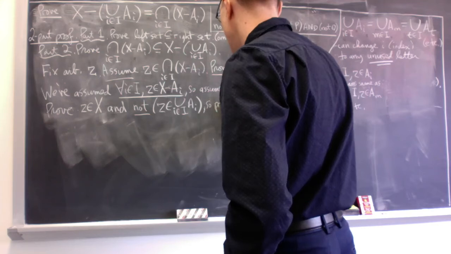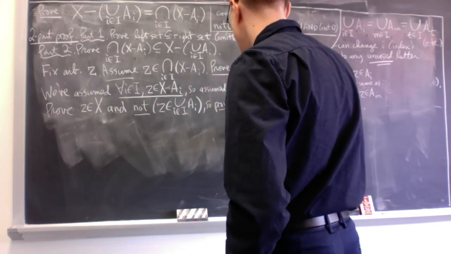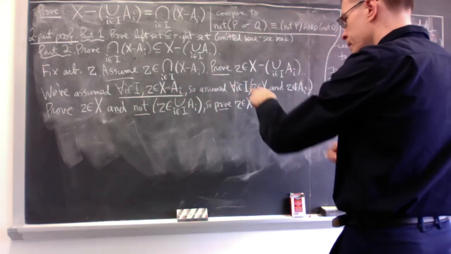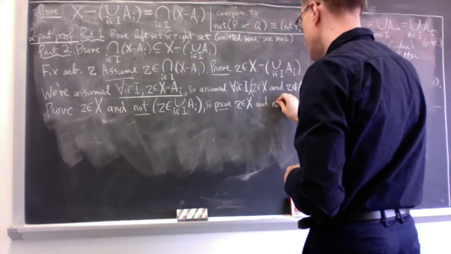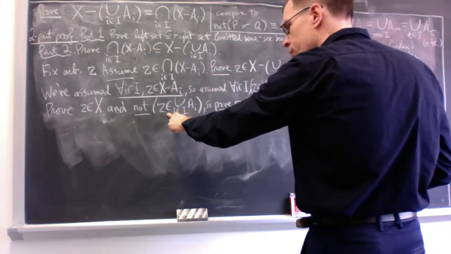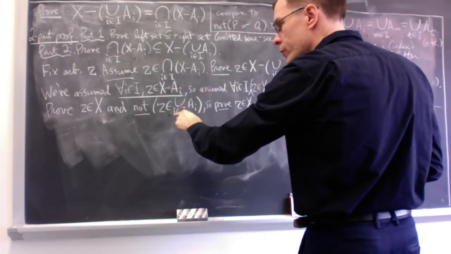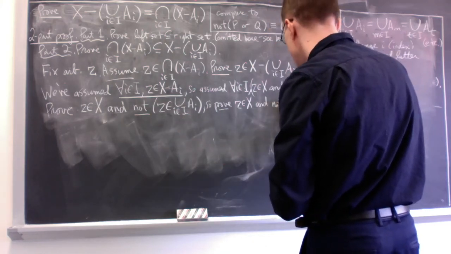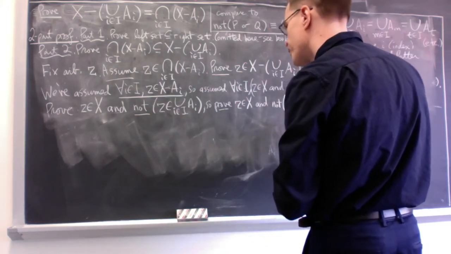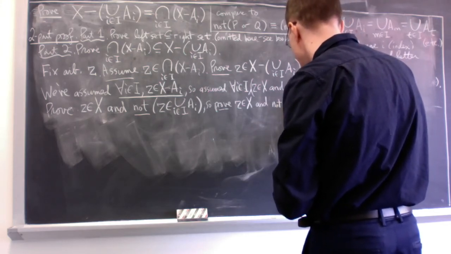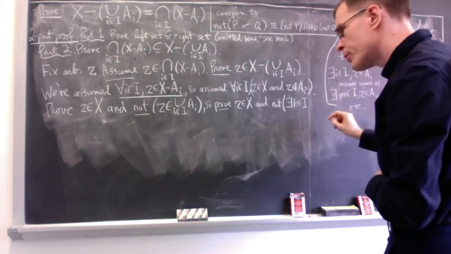So prove Z is in X and not, we'll do it one step at a time. All right, what is this definition? This is the union definition. Inside the not, I haven't done the denial yet. So this means there exists an I in I. Let's actually change that letter. Let's make it a K just to be safe, going back to this comment over here.